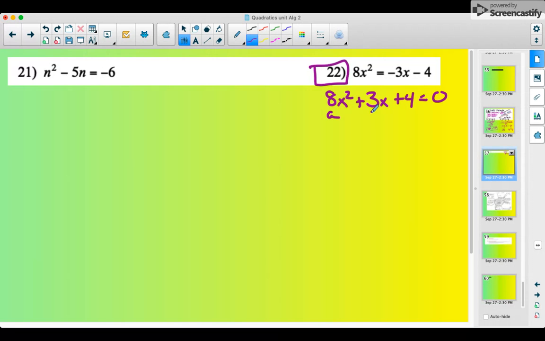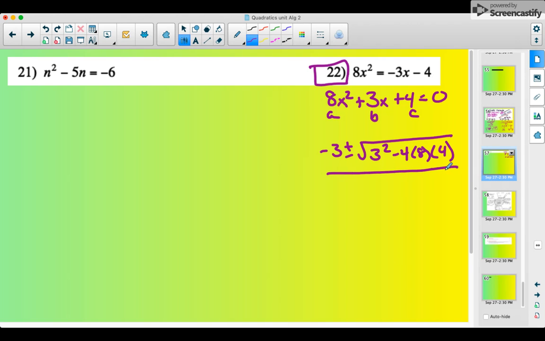Now I've got a, b, and c. So negative b plus or minus the square root of b squared minus 4 times a times c over 2 times a. Simplify our discriminant, so 9 minus 16 times 8, 128.